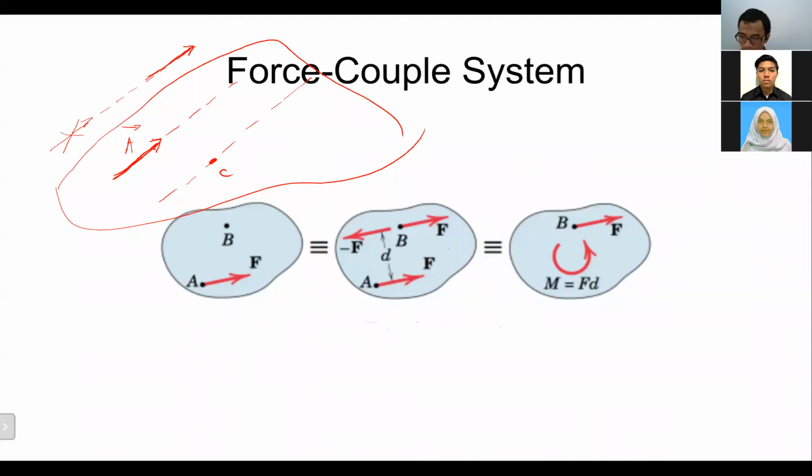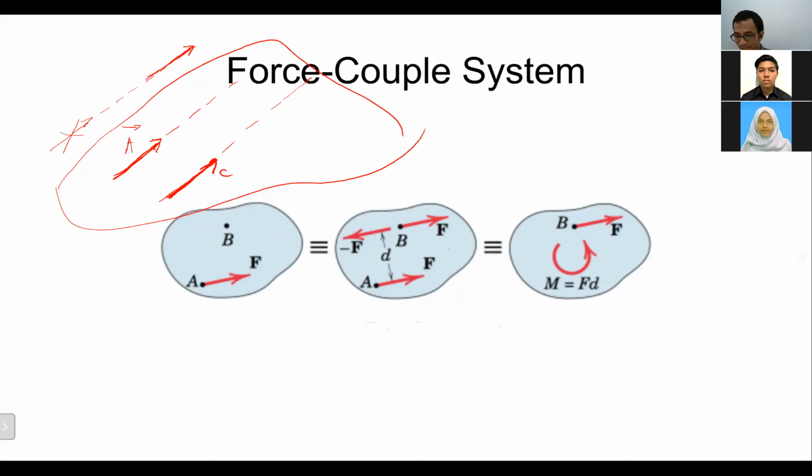What is the consequence? Let's try it. I want to move force A from the previous point to point C, so I create another force there.